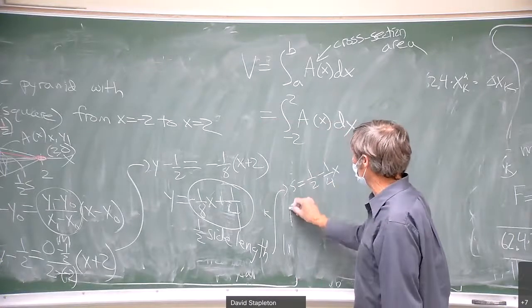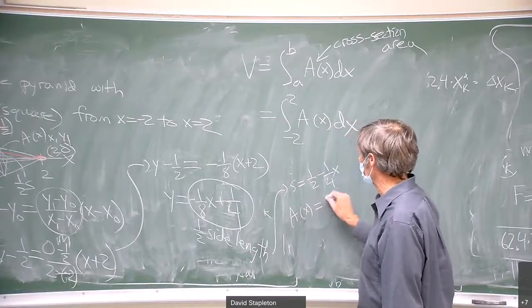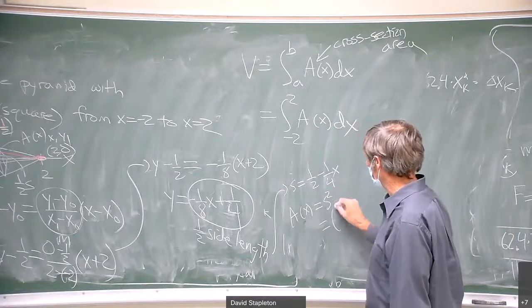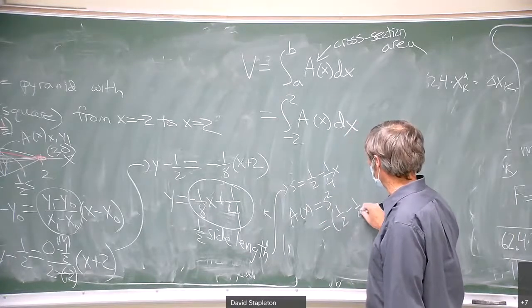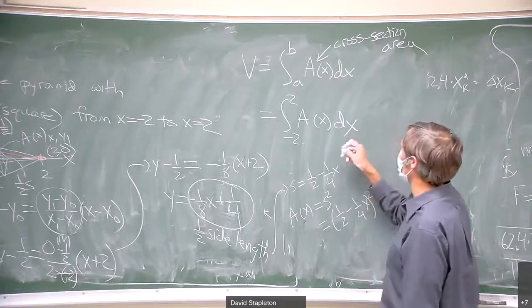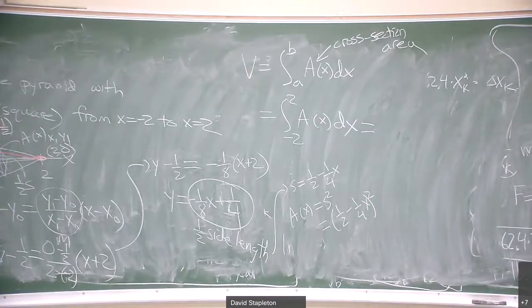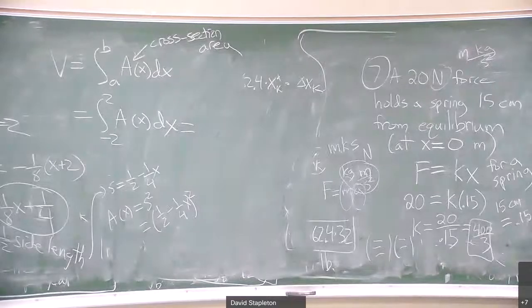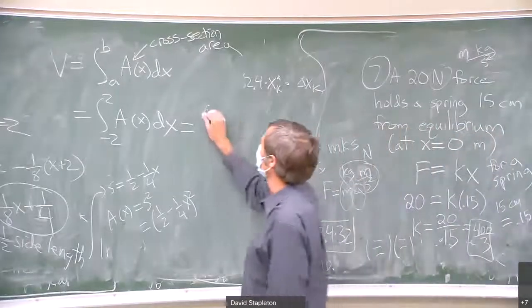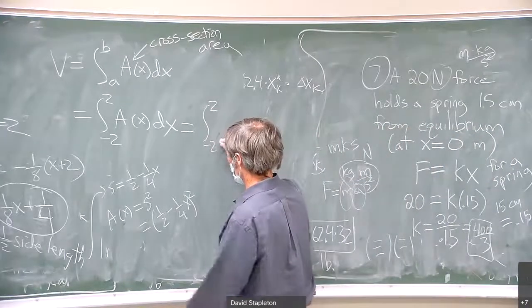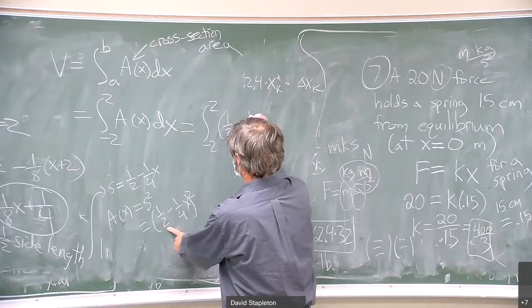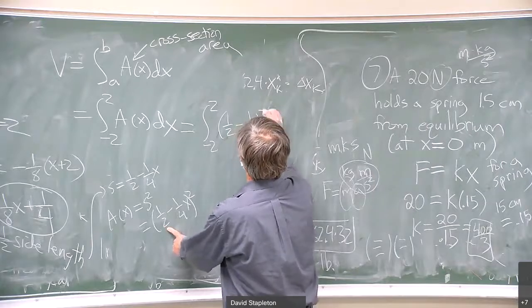And the area at x is the side length squared, since it's a square, 1/2 minus a quarter x squared. So that's what I'm going to put in here. This will be the integral from -2 to 2 of (1/2 minus a fourth x) squared dx.